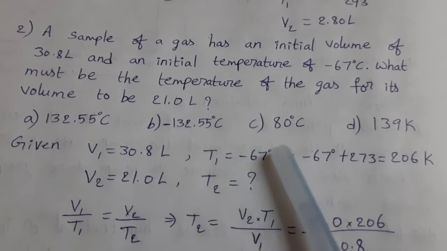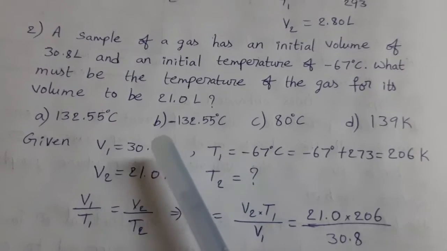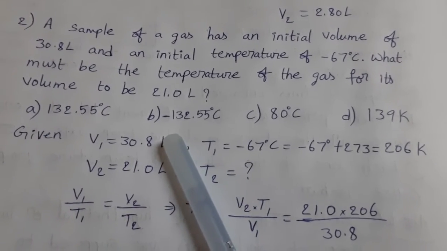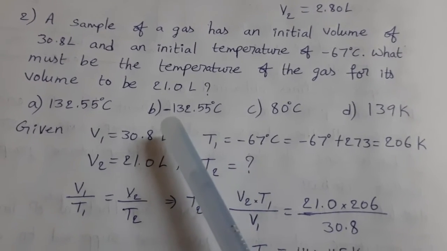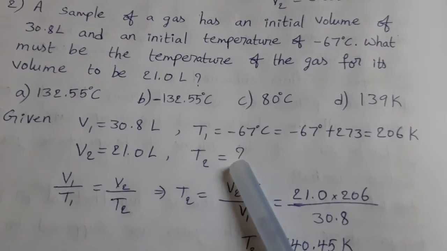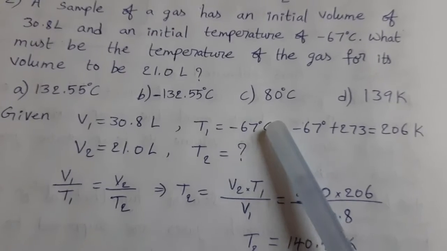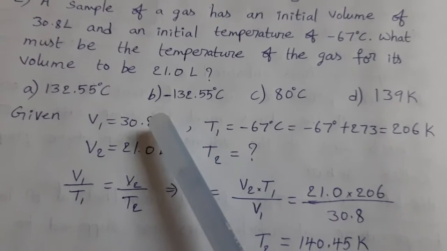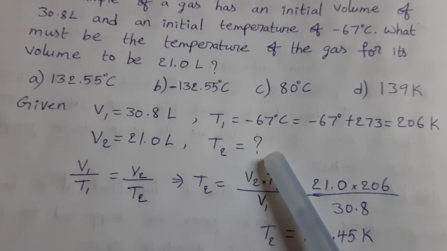Here also simple logic. Initial volume, initial temperature, final volume, final temperature we want. Compare these two volumes. Initial volume is more than final volume. That means initial volume is more and final volume is less. So T2 value is more than this one or less than this one? Definitely less than this one, because volume decreases means temperature also decreases.